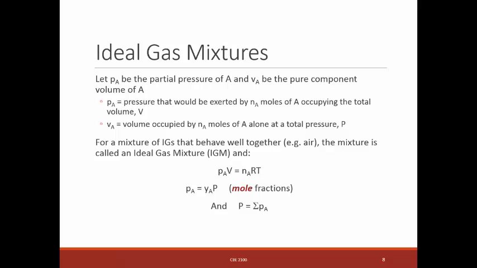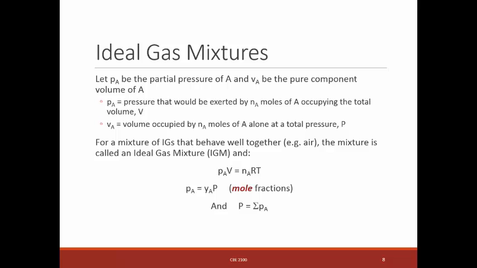Well, we're now going to add another way that people talk about this, and it's the partial pressure. So, capital P is the pressure, a lowercase p with the subscript for whichever component it is, so oxygen, nitrogen, whatever. That would be the partial pressure, okay?